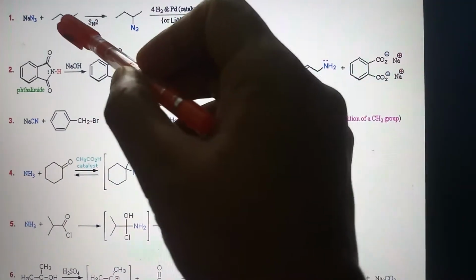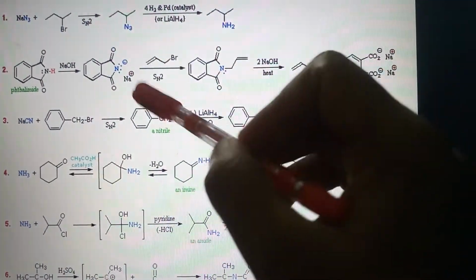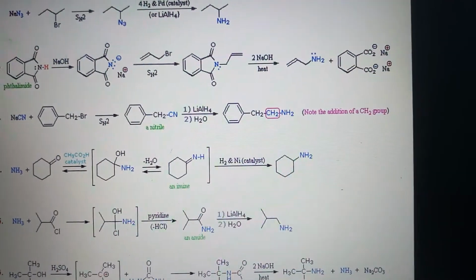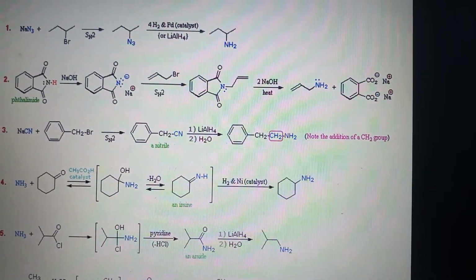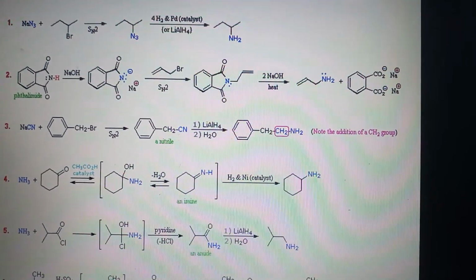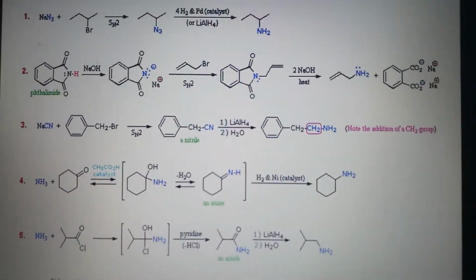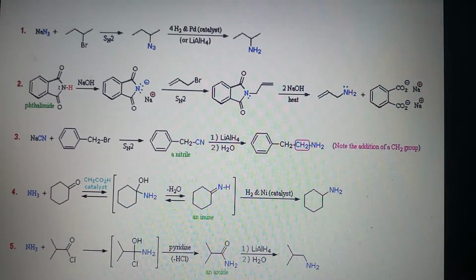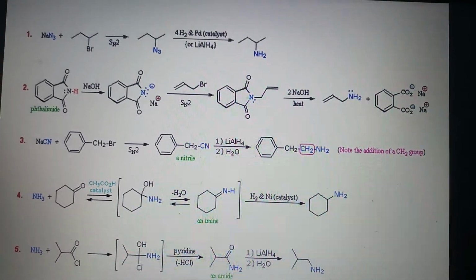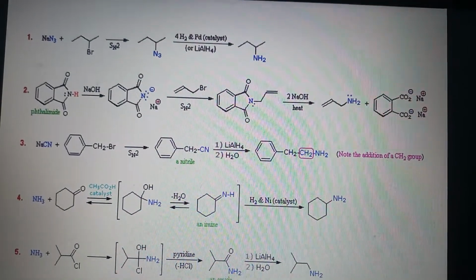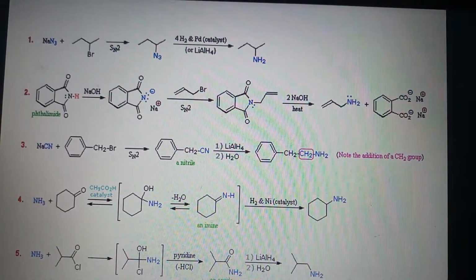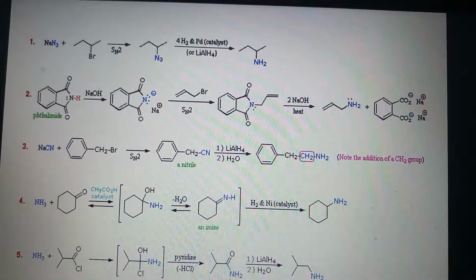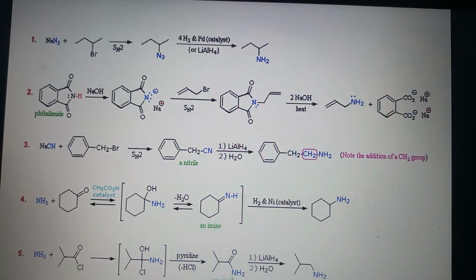Here you can see an SN2 reaction and here also an SN2 reaction with a modestly electrophilic alkyl halide reactant. For example 2, an acidic phthalimide derivative of ammonia has been substituted for the sulfonamide analog listed in the table.